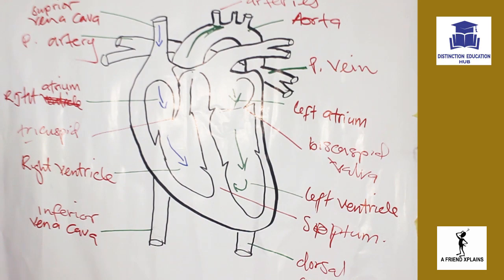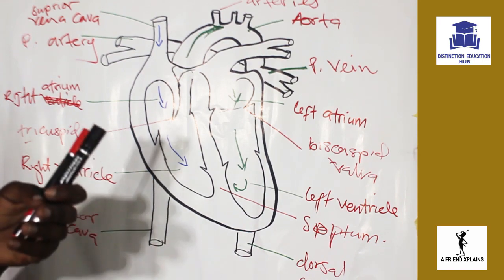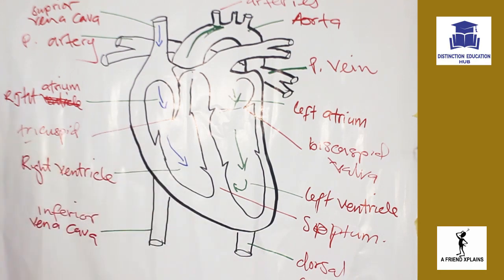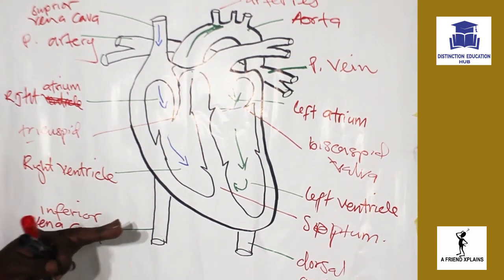As we mentioned at the beginning of the video, where I highlighted the facts of the heart, the heart is a pump, and I told you that every day about 1,000 to 1,200 gallons of blood is pumped throughout our body. So basically that's about the structure of the heart.